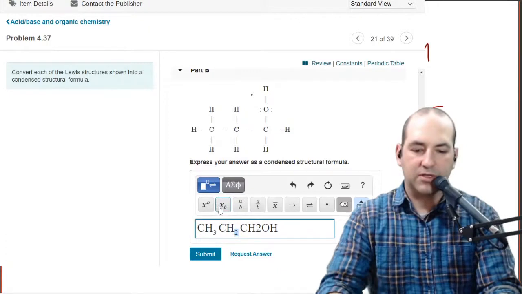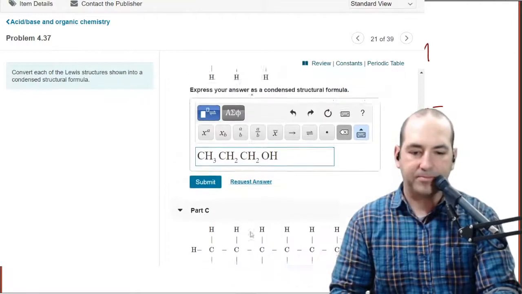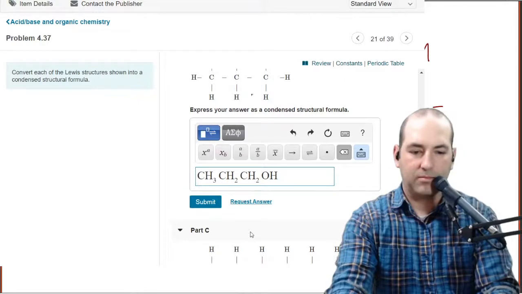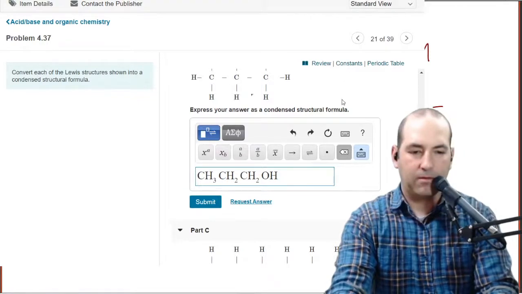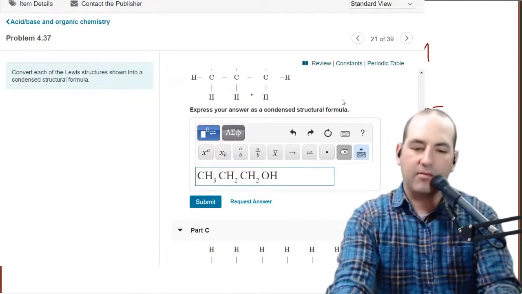You can type them in subscript as you're going, or you can do it afterwards like this. And so it should look something like that. All right, and then yeah, you'd put the O after that carbon that it's connected to.